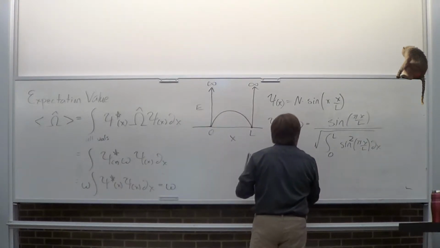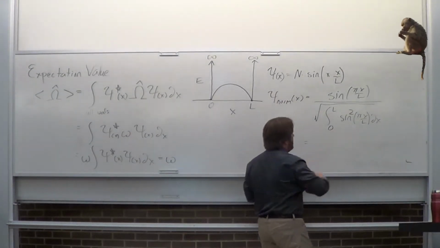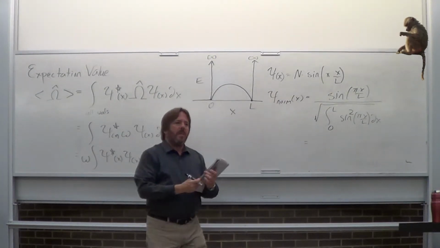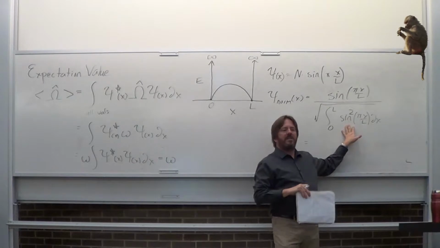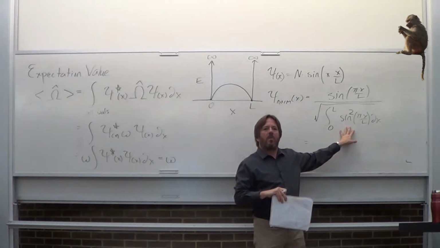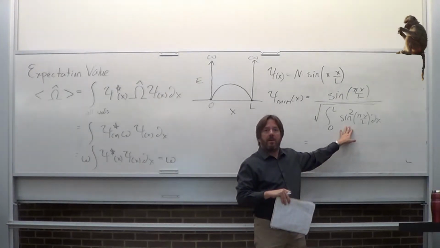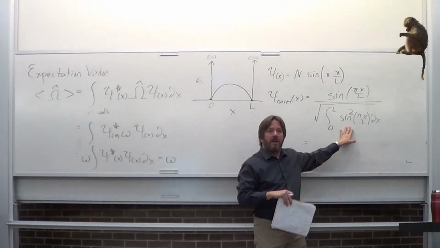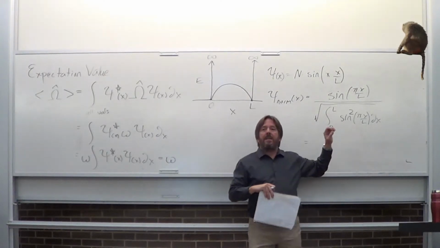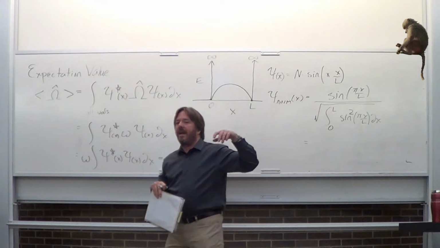What I want you to do: you remember that I had you integrate sine squared? Do you remember that I had you do that in the homework? And I showed you that. Now, two ways to do this. One is to look at the online integrator like Wolfram or Symbolab. You can do that, that's fine. You can also convert it to e to the ikx minus e to the minus ikx over 2i.